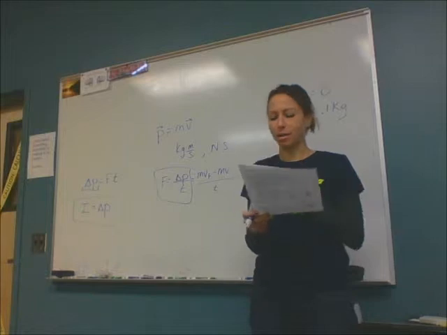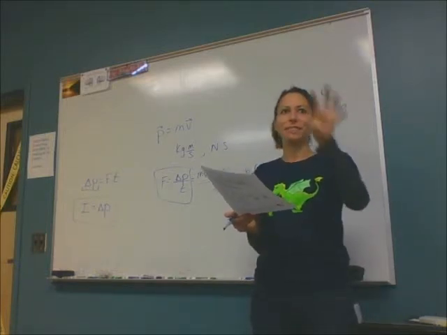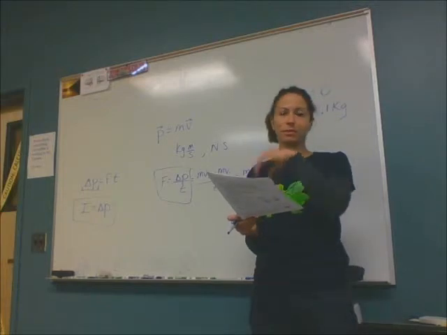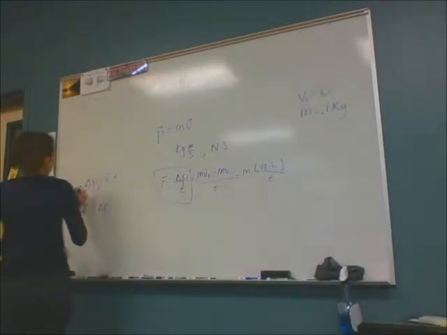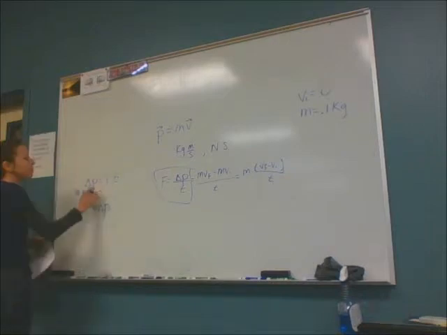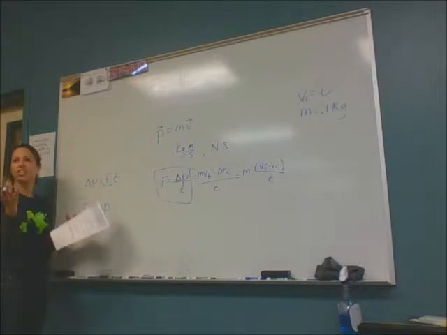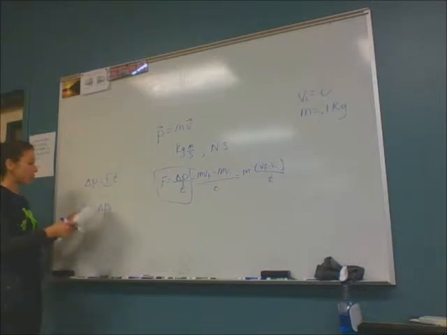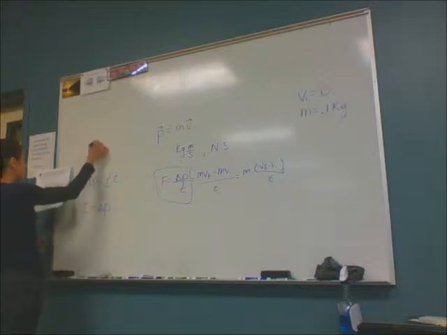Well, each one of those is an impulse, but they're different forces over different amounts of time. So what I can do is figure out the change in momentum for each and then add all those momentum changes together to get the net change in momentum of the object. The first force is 20 newtons for 0.2 seconds, so it's going to make that change in momentum.